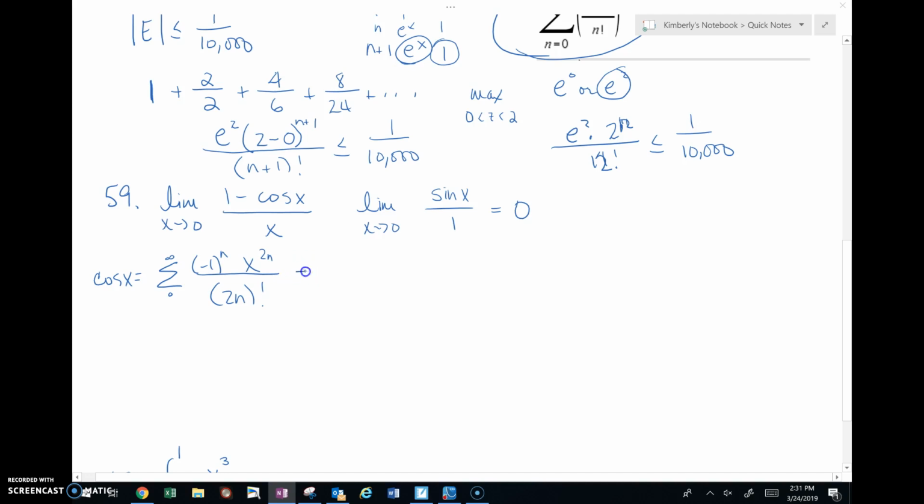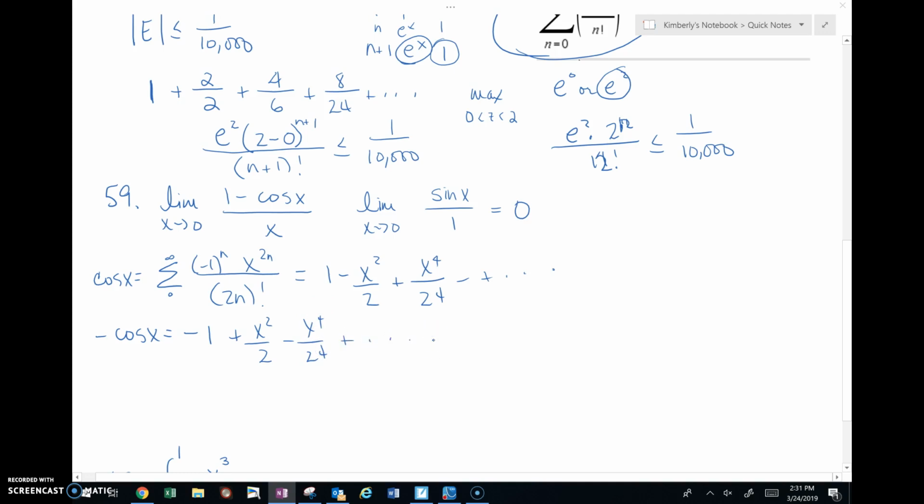If we write out a few terms, which I think is a good idea, your first term is 1 minus x squared over 2 factorial plus x to the 4th over 4 factorial, and then minus, plus, and so on and so on. Then if we write negative cosine of x, that just changes all of those signs. So negative 1 plus x squared over 2 minus x to the 4th over 24 plus, minus, dot, dot, dot.